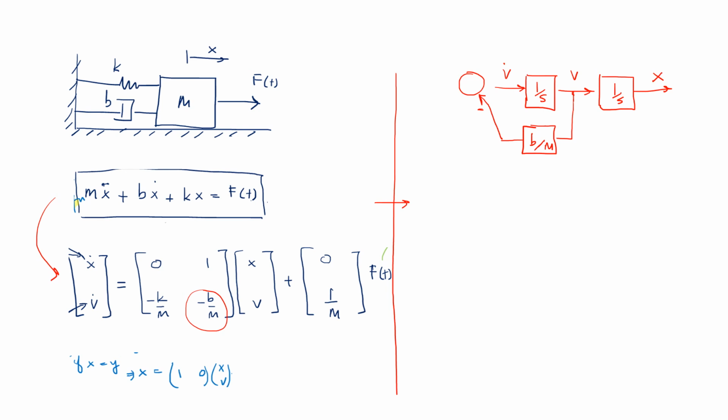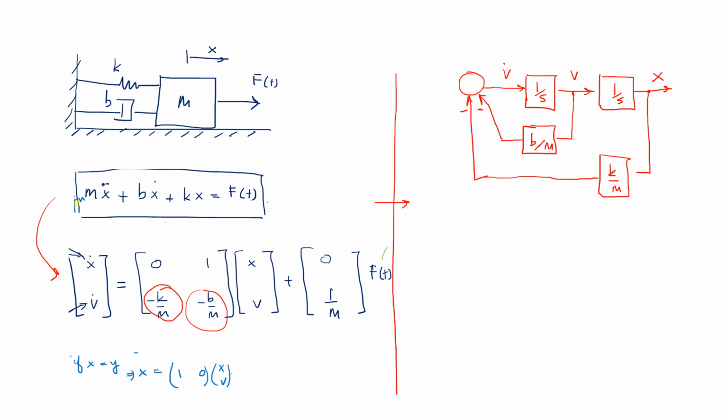Now similarly, x can be taken away as a signal, and you are going to multiply with a gain corresponding to this entry, and that is going to be k over m, and that is provided also with a negative sign to the summing junction. Which means that you have partially constructed the block diagram.